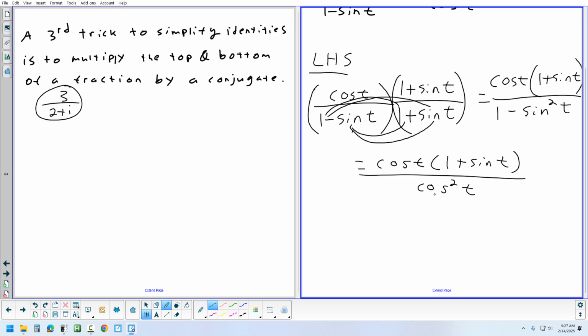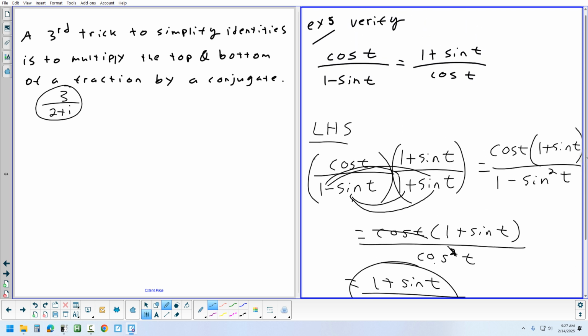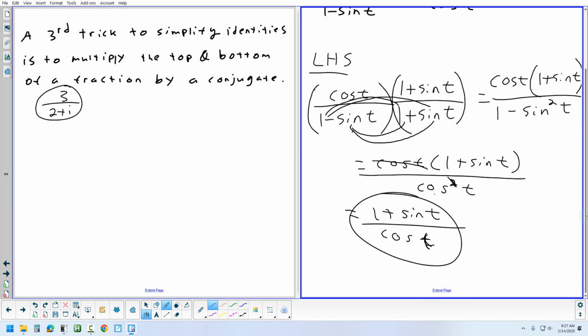So you can cancel 1 from the top, 1 from the bottom. You're left with 1 plus sine in the top, and you are left with cosine in the bottom. And if you scroll back up and look at the right-hand side, 1 plus sine over cosine. 1 plus sine over cosine.